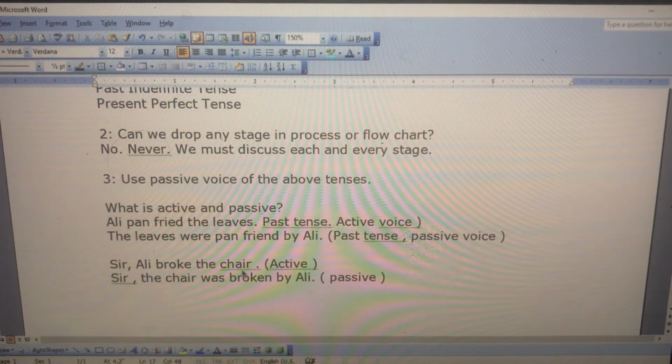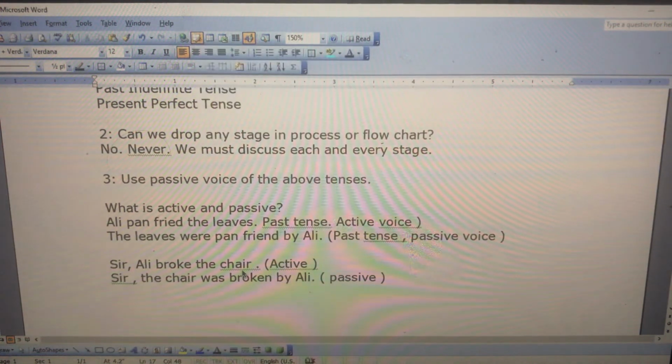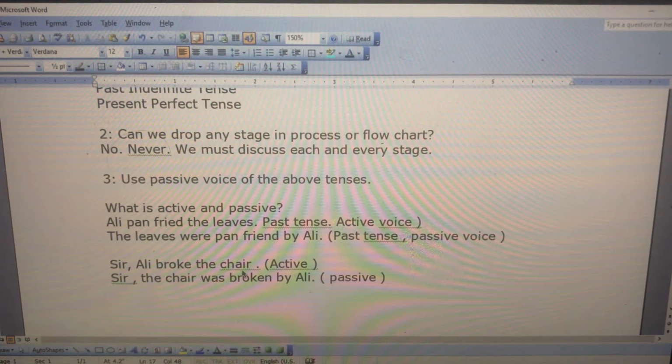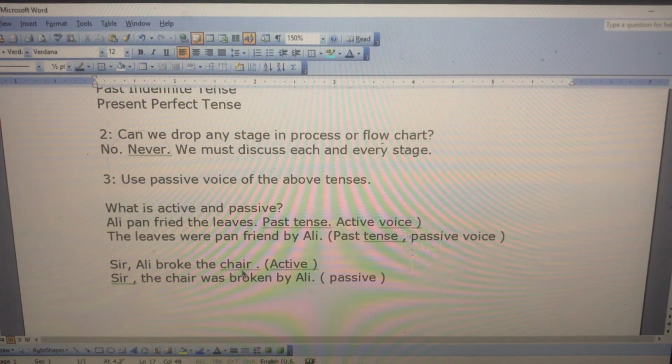Students, let me tell you the very interesting history of active and passive. Stay with me, okay? This is a very important lecture because it will help you in flowchart and map writing both. We use only passive voice in map writing and in process writing.